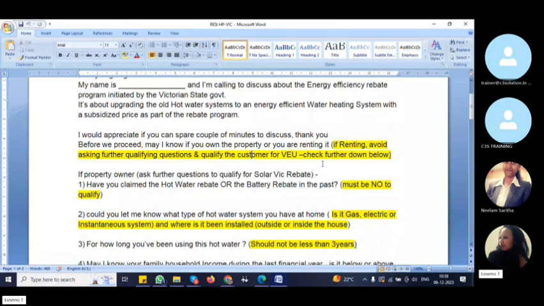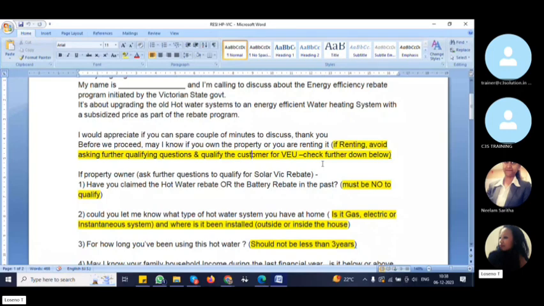So if the customer says, well, I'm not interested in changing my hot water system, what happens is most customers say that, and if you're not very quick, if you're not very smart, they will just hang up. So you have to be very smart. Well, Mr. Smith, may I know why you're not interested in this program?